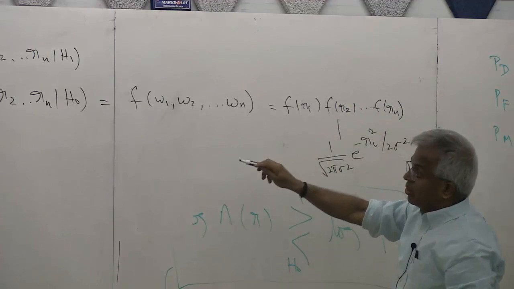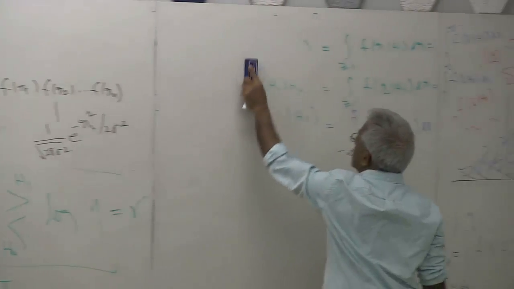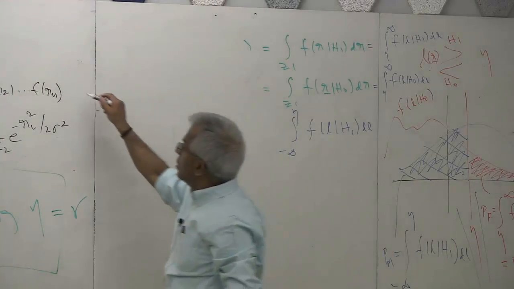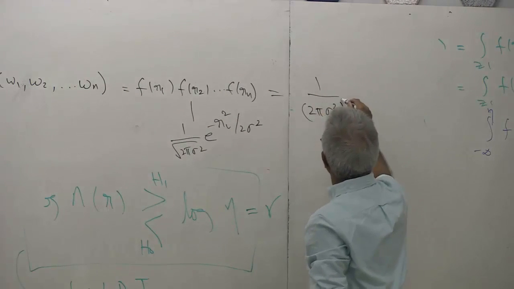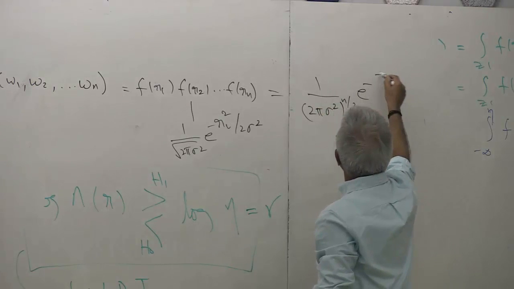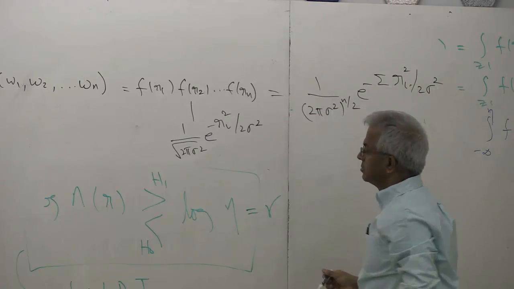I'm only looking under hypothesis H1, right? So this of course is (1 over 2 pi sigma squared) to the power n by 2, e raised to minus the sum of ri squared over 2 sigma squared, right?